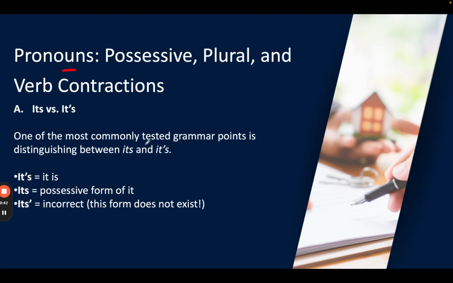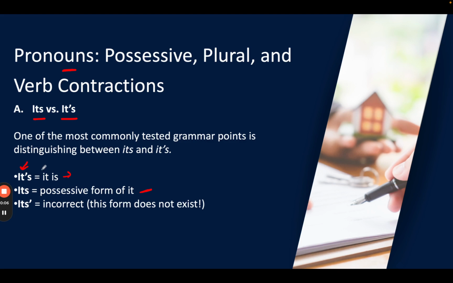When it comes to pronouns, there's this question which always revolves, that is its versus it apostrophe S. What is the difference between its without an apostrophe and it apostrophe S? It apostrophe S is nothing but a shorter form of it is, right? And its is used to show possession. It apostrophe S will never show possession.